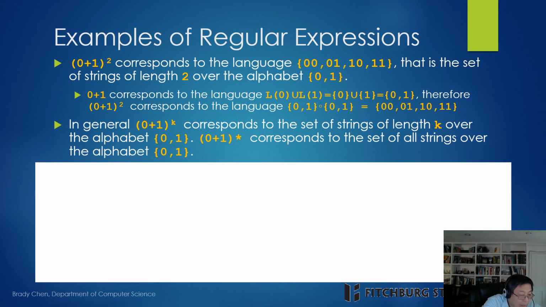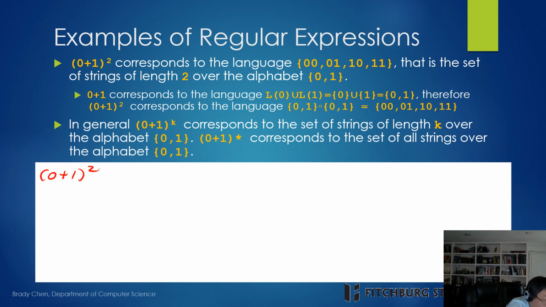Again, let's take a look at some examples. Suppose we have the regular expression 0 plus 1, all squared.